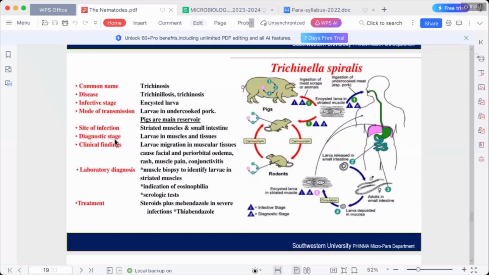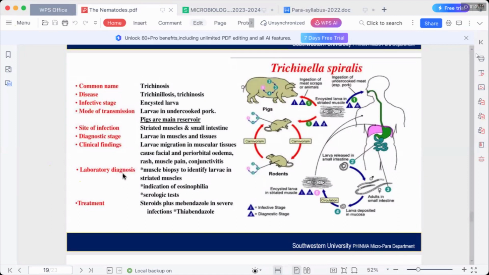For the diagnostic stage, it is the larva in muscle and tissues. For the clinical findings, larva migration in muscular tissues causes facial and periorbital edema, rashes, muscle pain, and conjunctivitis.